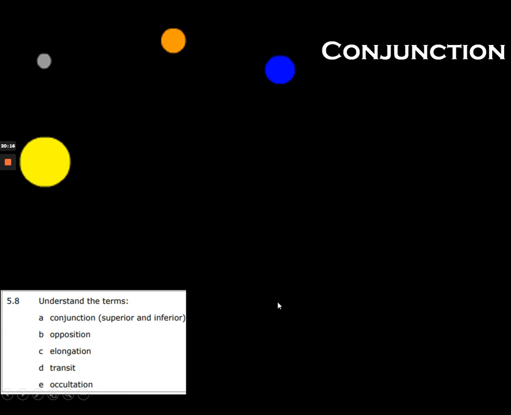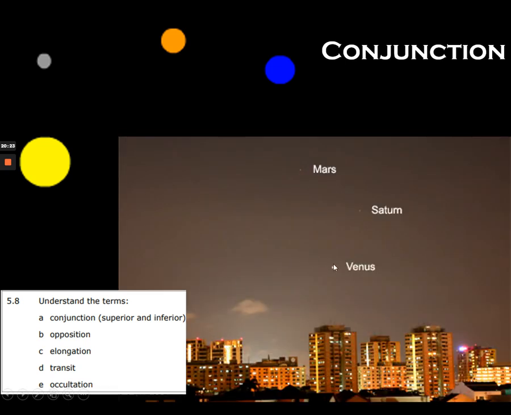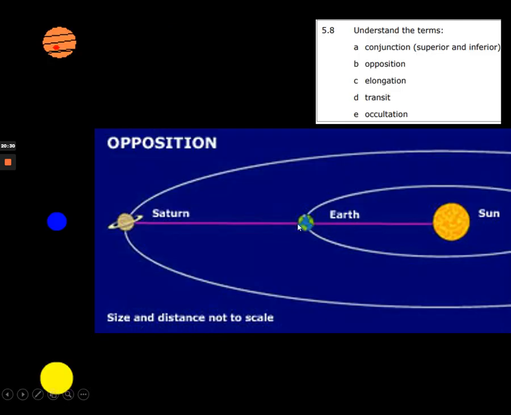Okay, conjunction. Conjunction is when planets appear to be very close to the Sun. And here are some planets in conjunction, and they seem to line up with the Sun. But in opposition, that's when you'd look at the Sun and then 180 degrees away from the Sun, you'd see Saturn. You'd see the planet, sorry. With conjunction, you would have Earth, planet, Sun, or Earth, Sun, planet.